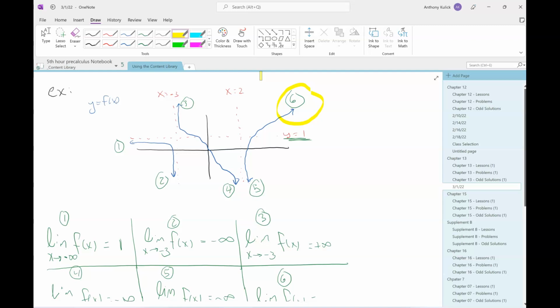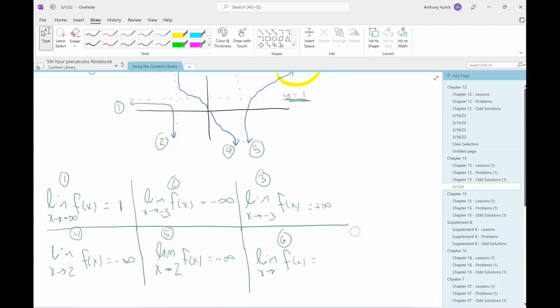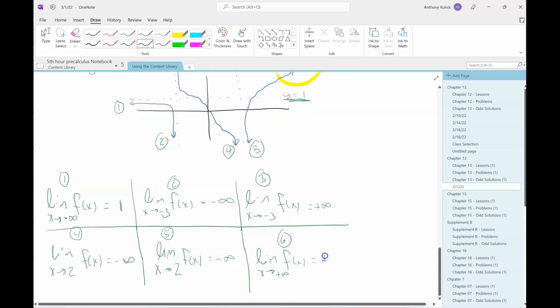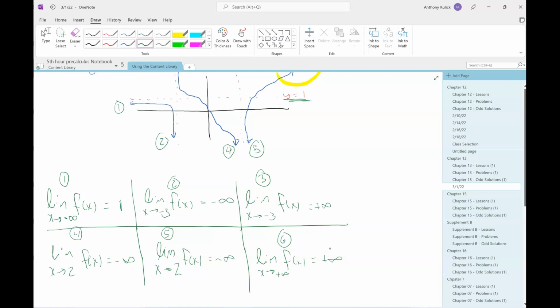There are no asymptotes getting in the way of that. It's just going to continue going to the right and up forever. Everybody feel okay doing this and using the notation?